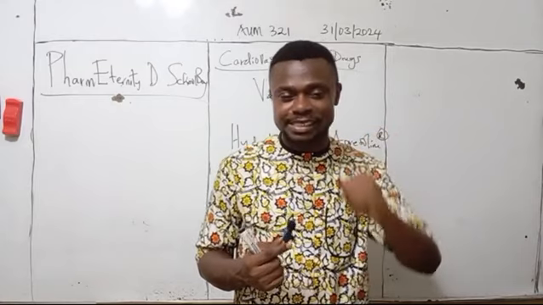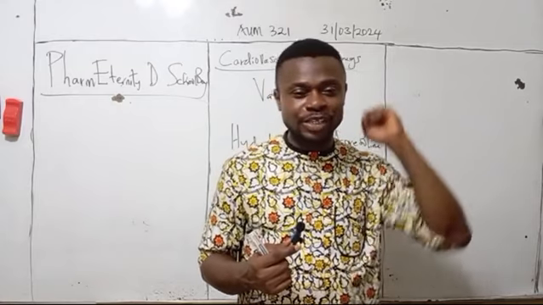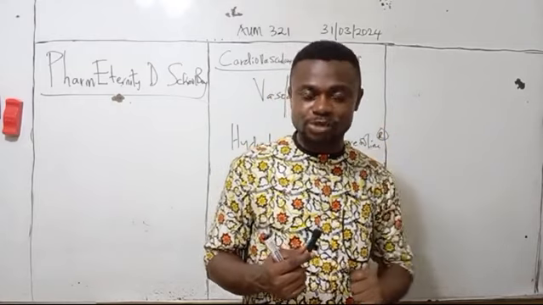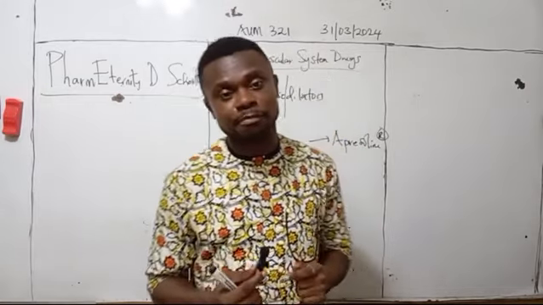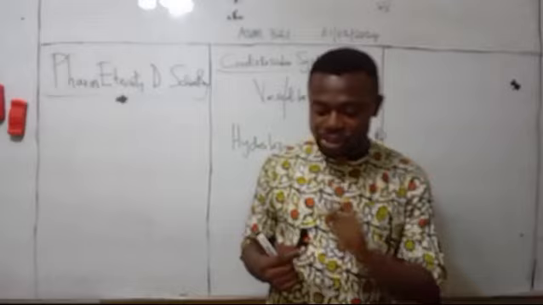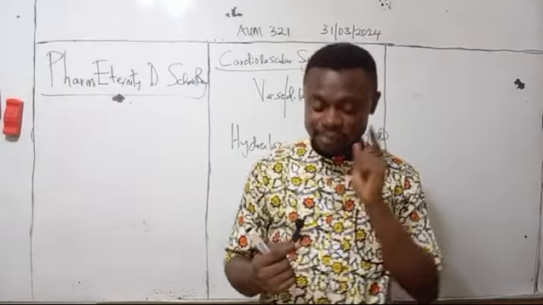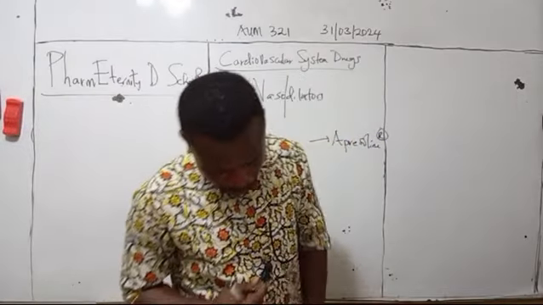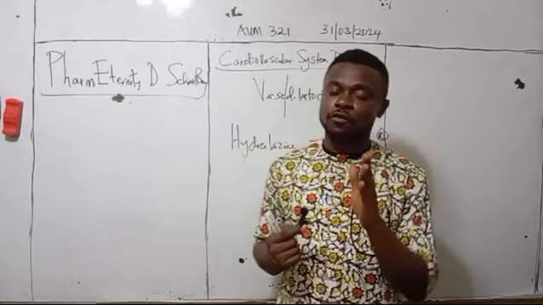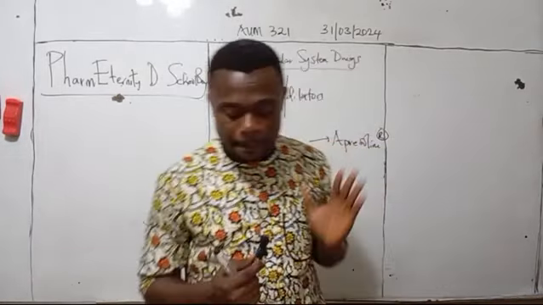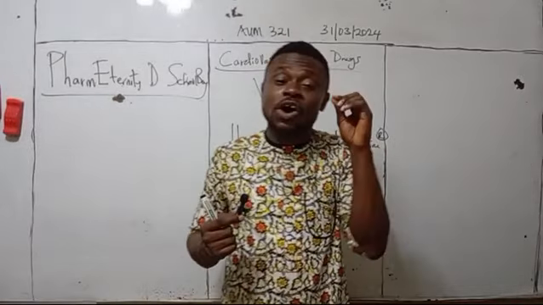So they treat what? Acute angina pectoris. Of course, if oxygen is not properly supplied to these heart muscles, there will be a problem. That's what leads to the pain. Angina is a leading cause of pain in the chest.